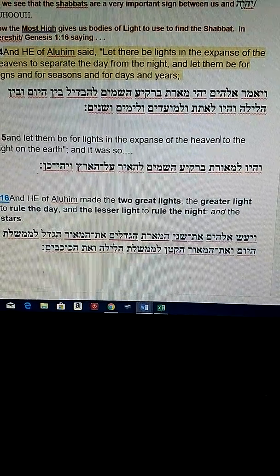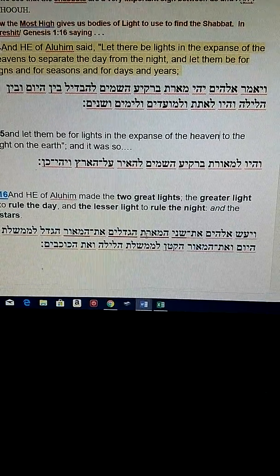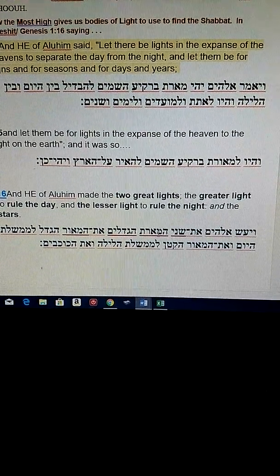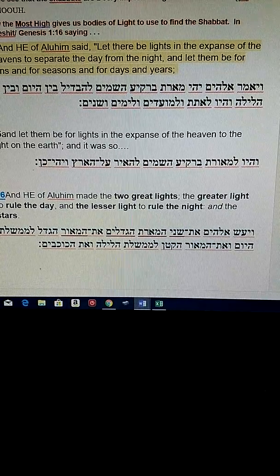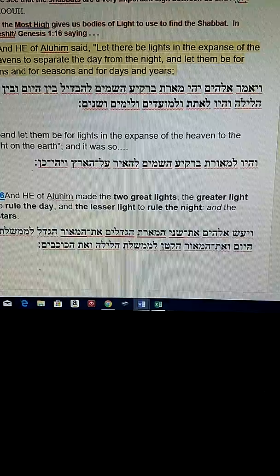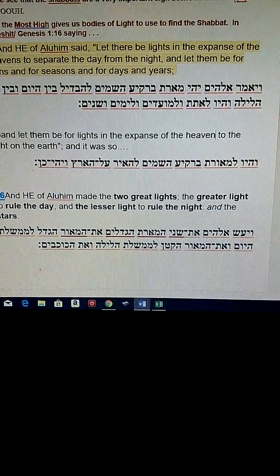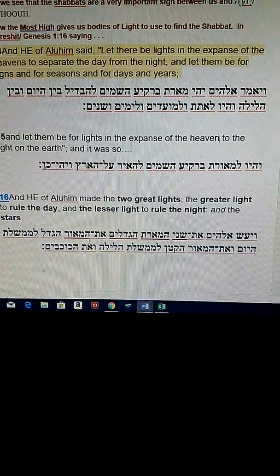The gedolim is plural, so both lights are great. It's not the size that is great, but that there's light, referring to the body of light that's being held.